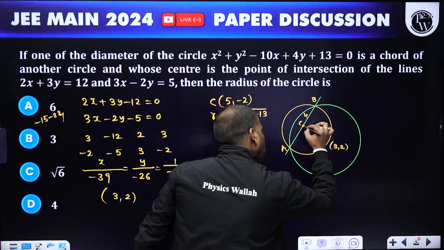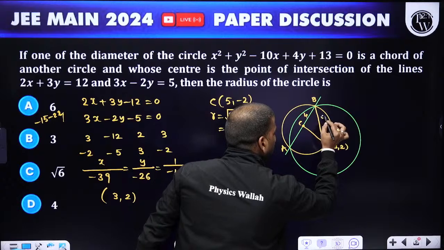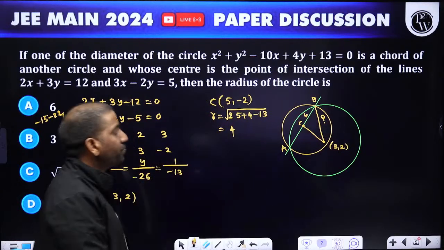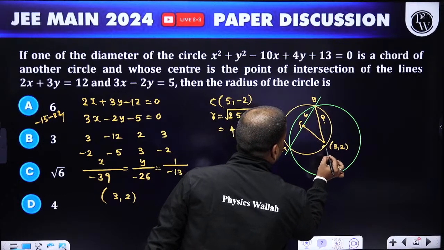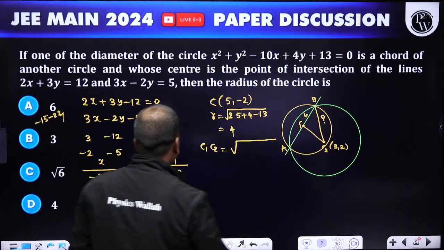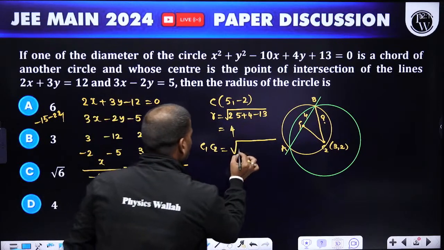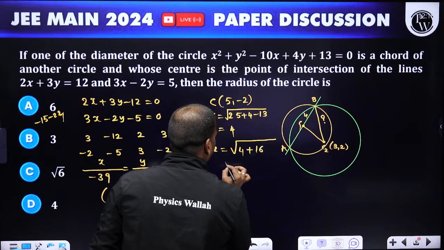What do we want? We want the radius. So this is C1 and this is C2. C1C2 is under root of (5 minus 3) squared plus (minus 2 minus 2) squared, so 4 plus 16, root 20.